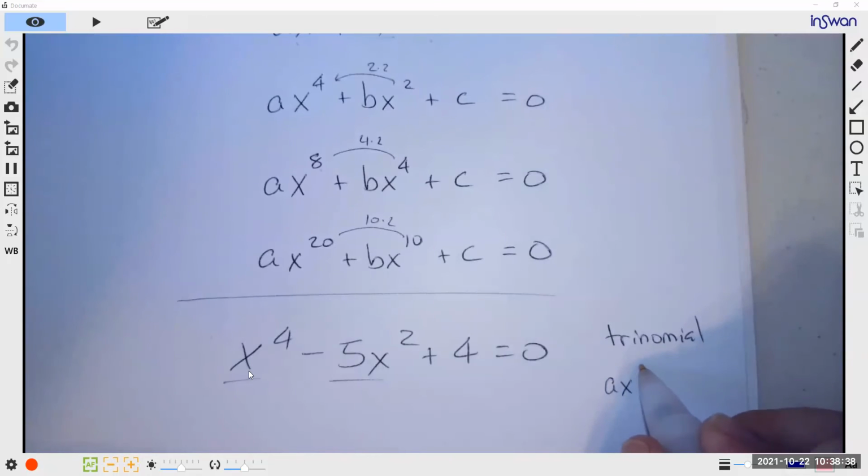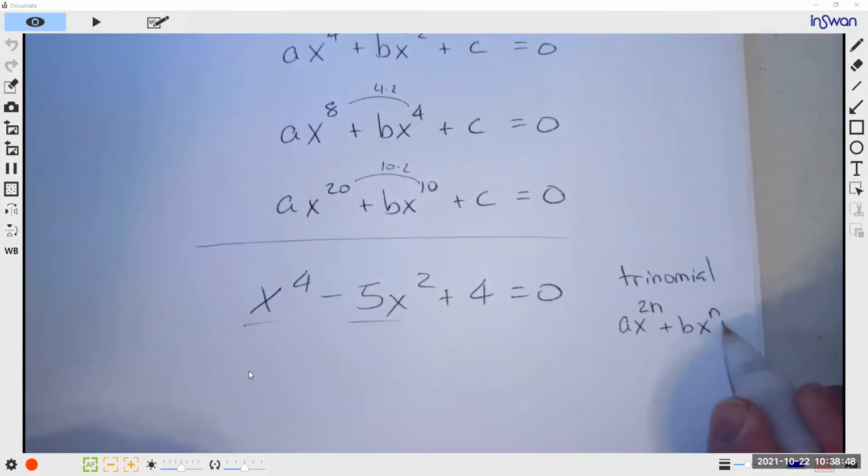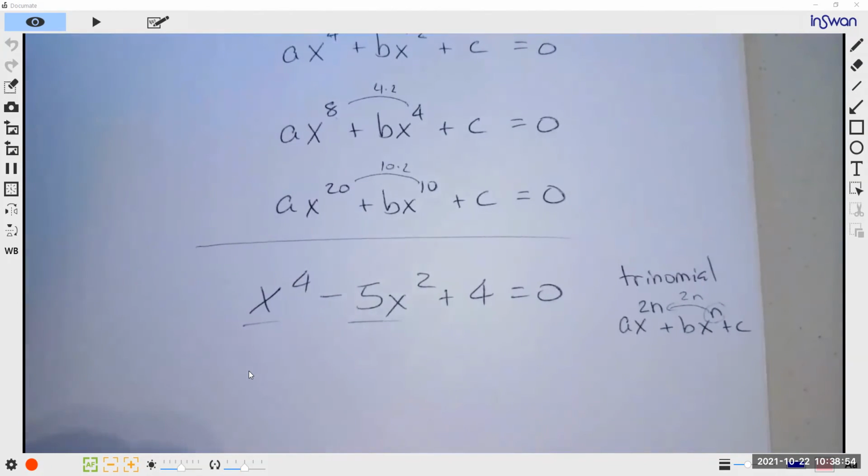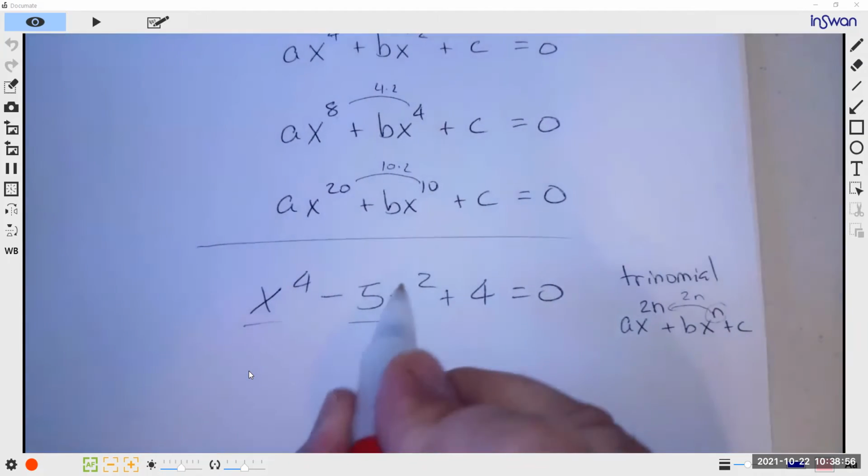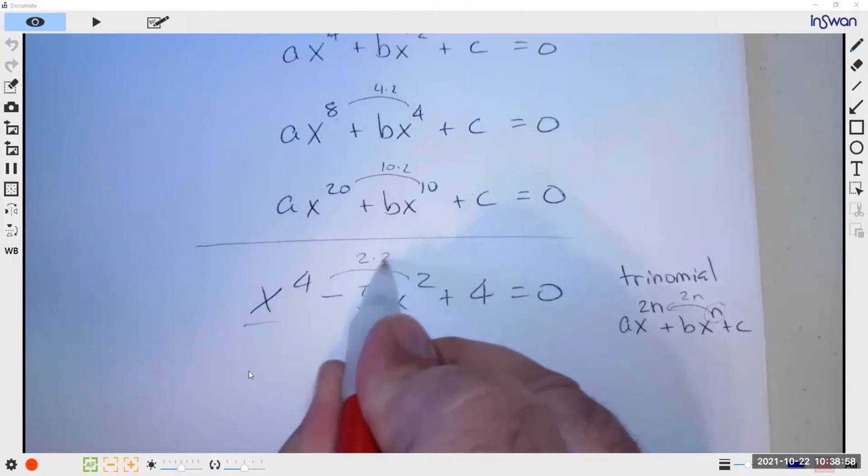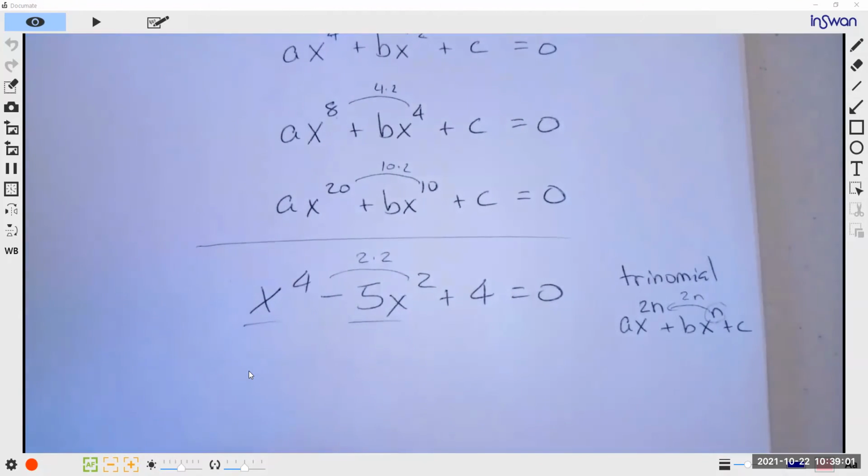The first term has to be 2 times the middle term. 2 times 2 is 4.